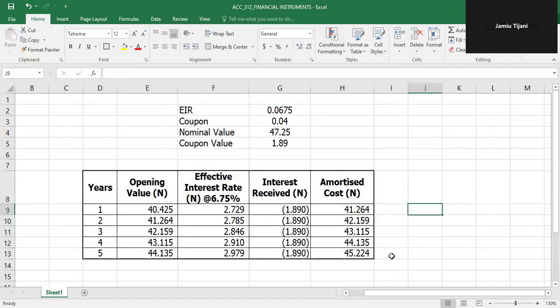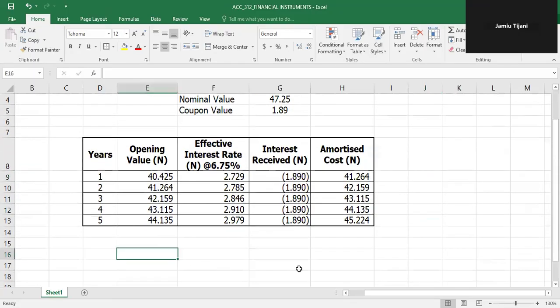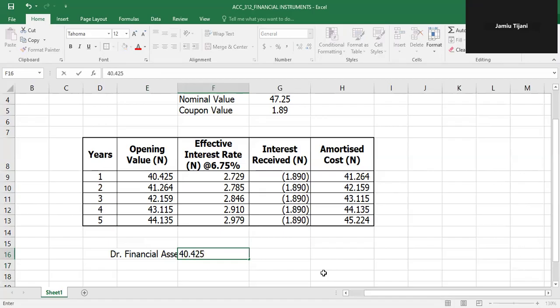So this is what this means. The normal accounting entry that you are seeing here, if you were to pass it when you purchase that investment, when you purchase that coupon, you have to debit financial assets with the purchase price of 40.425 million.